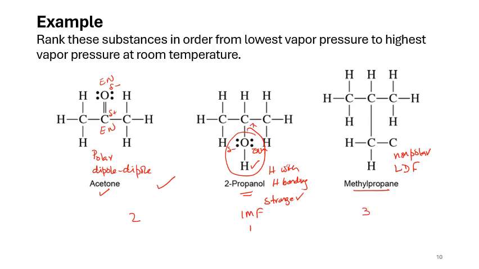This one has the weakest IMF, which means we will have high vapor pressure here. The second vapor pressure goes here, and the third is here. So lowest for this one and highest for this one, and in between, this one.